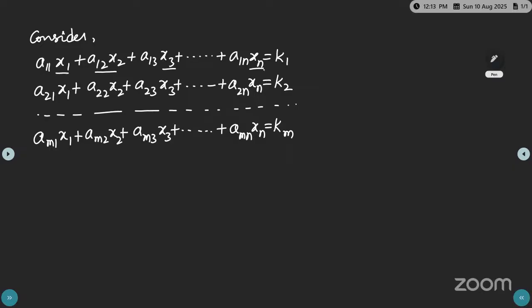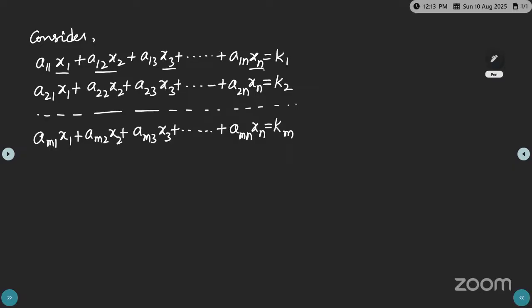Okay, linear equation x plus y equals 3. Linear. Power of x is 1. Power of y is 1. In each term, the sum of all the powers or indices is equal to 1. So x1 power 1, x2 power 1. It may be 1 or maybe 0.